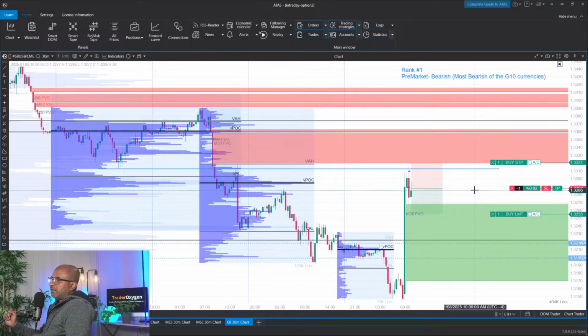Without scaling, because if you've got a small account, you are not able to scale. Keeping our audience in mind, if it's going in our intended direction, we will show you how to take a one-to-one winning trade.